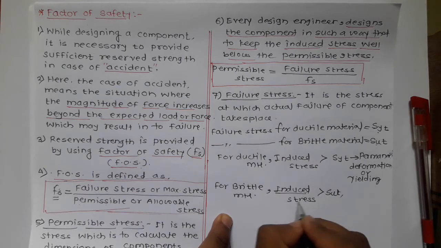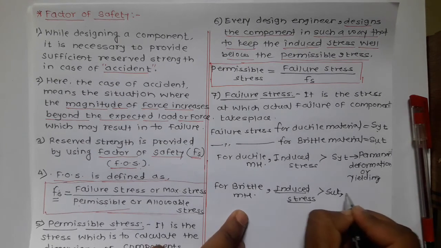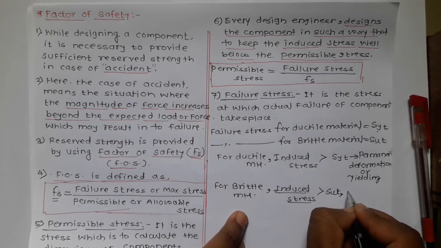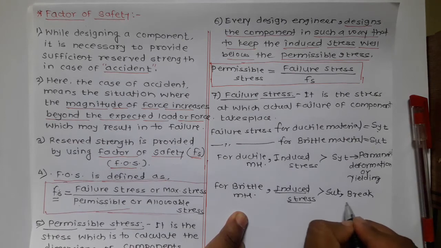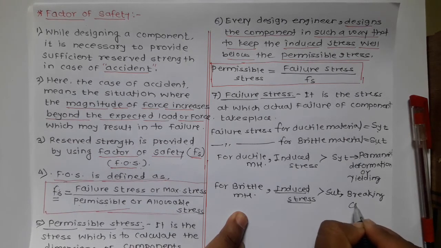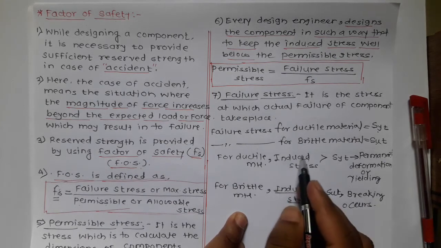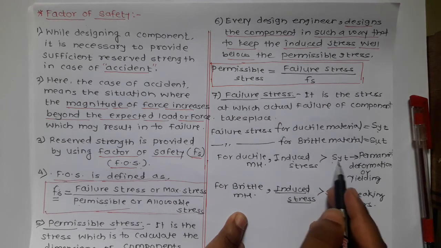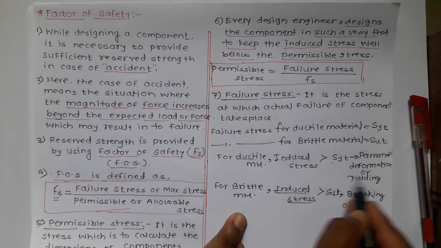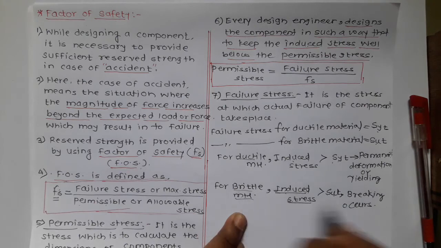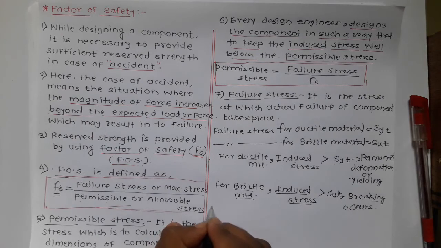When the induced stress becomes greater than SUT, the component breaks. So when the induced stress becomes greater than SYT, permanent deformation occurs, and when it becomes greater than SUT, breaking occurs. This is the failure for ductile material, and that is for brittle material; this type of failure occurs when such conditions occur.